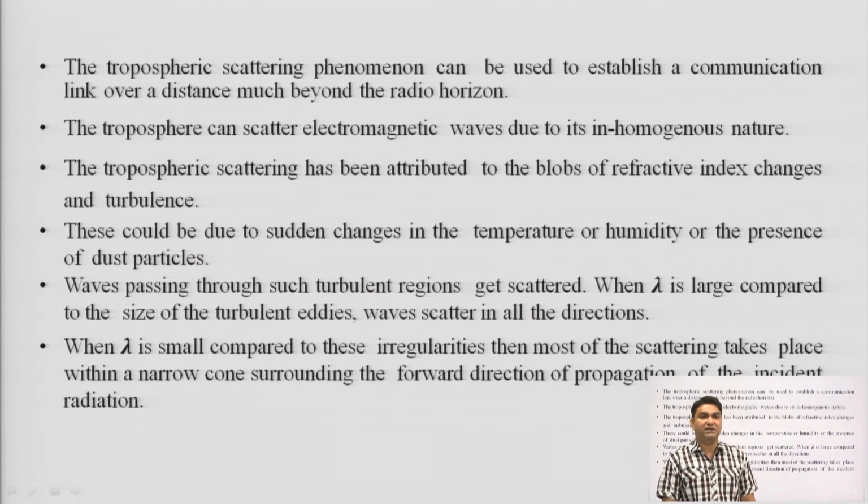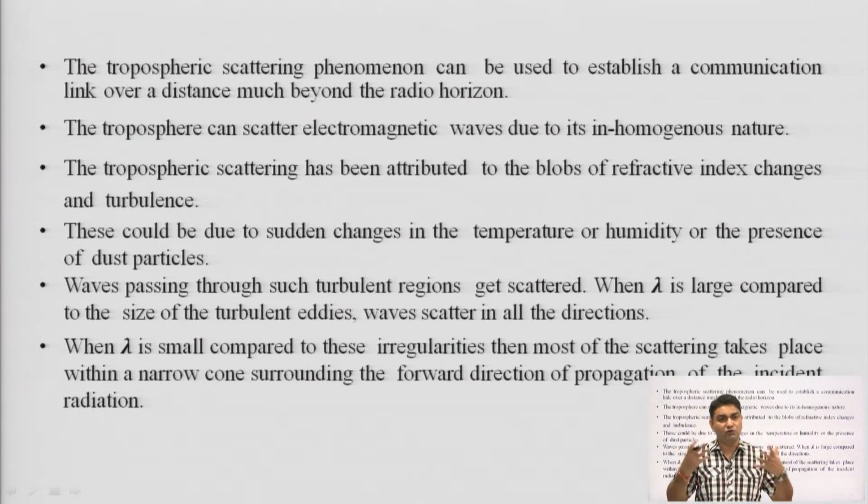The tropospheric scattering phenomenon can be used to establish a communication link over a distance much beyond the radio horizon. The radio horizon is limited by space wave propagation, which is known as the line of sight distance. This distance-restricted phenomenon of wave propagation falls only in the category of space wave propagation.